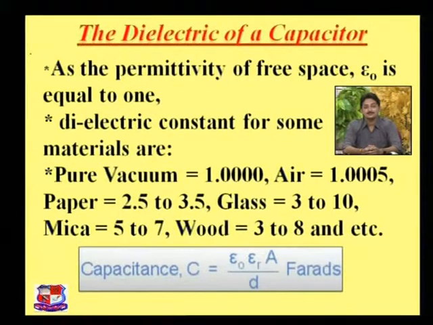Glass, also an insulating material, has a permittivity of 3 to 10. Mica, one of the important insulating materials used to make capacitors, has a permittivity of 5 to 7. And wood has a permittivity of 3 to 8.